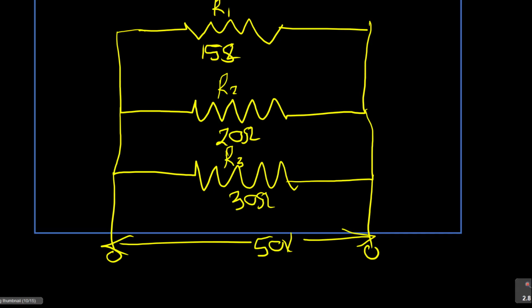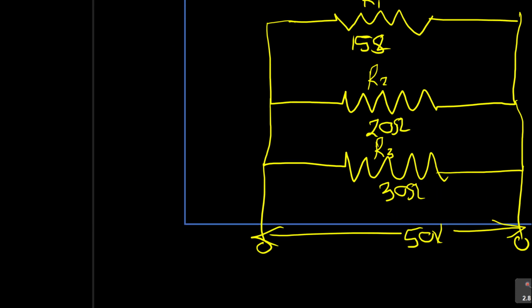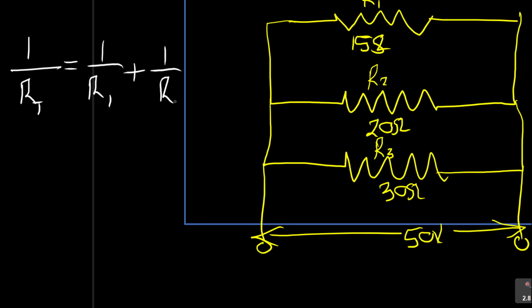So I'm going to use the one here to say the resistance here. Look how I'm going to write it, because it's very important for you not to miss things here. It's 1 over RT is equal to 1 over R1 plus 1 over R2 plus 1 over R3, right?